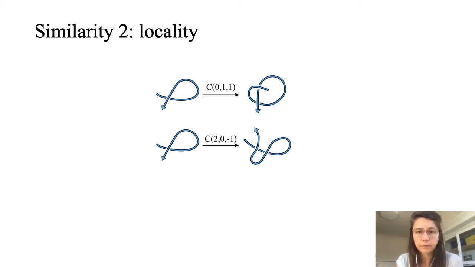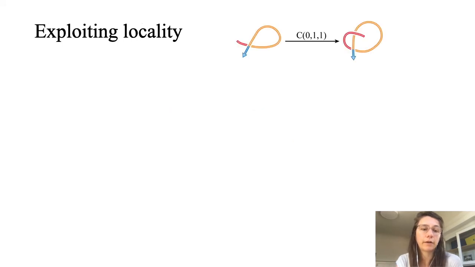Okay. The second type of similarities in motion policies is locality. When humans try to make an intersection with two segments of the rope, usually we will grasp the middle of the segment that will be on top and move towards the middle of the segment that will be underneath. We try to help the neural network learn these common strategies by encoding the rope geometric state in 3 parts. Let's take this cross action that you see on the top as an example.